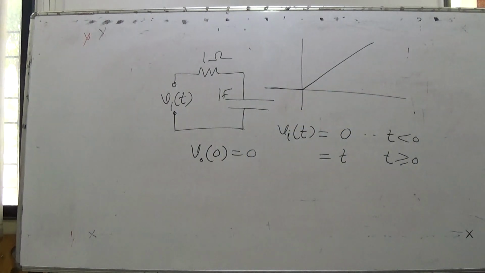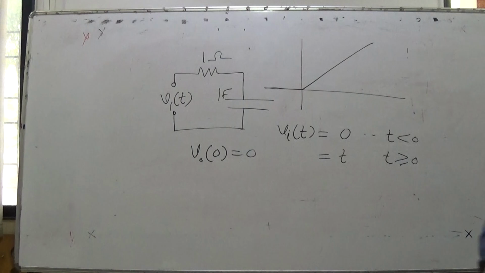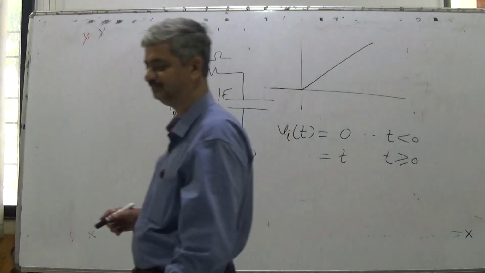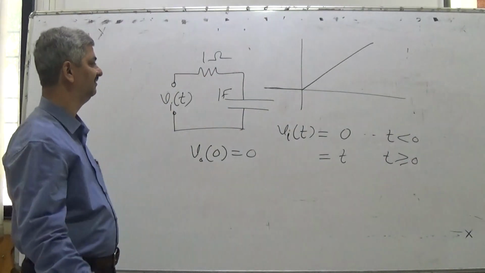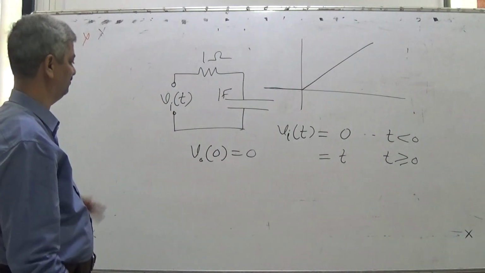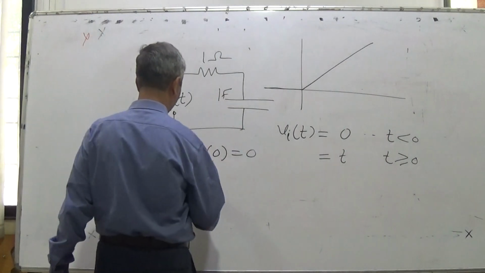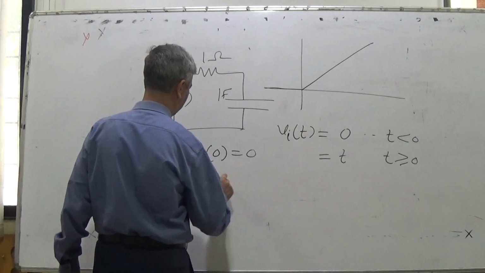So if I apply a linearly rising voltage, what would be the answer of the differential equation? So naturally find out VO(t).